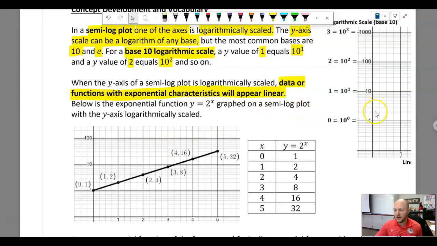If we graphed this data, I could put the number 1 here, put the number 2 here, 2 comma 4 here, and then we have 8. Normally, with this proportional rate of change, our function would curve up and look exponential. When we take a logarithmic value of the y-axis, it appears linear, okay?